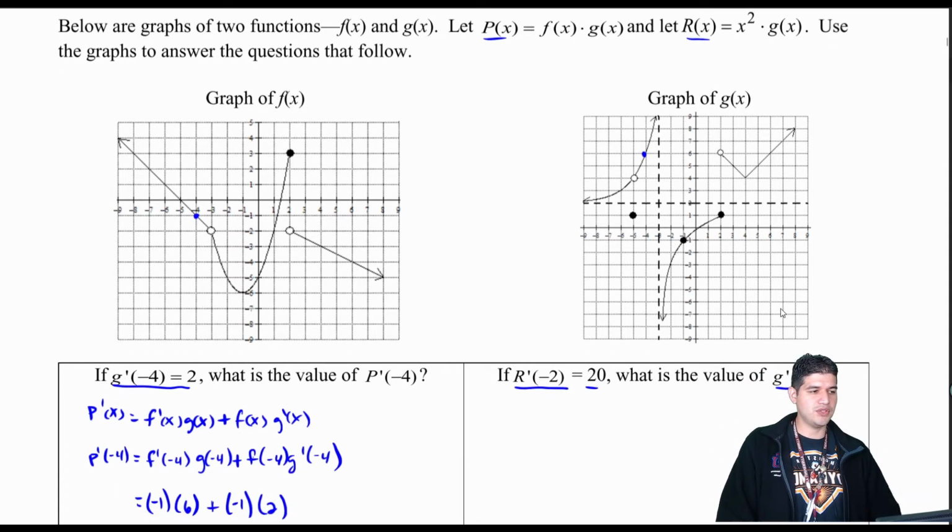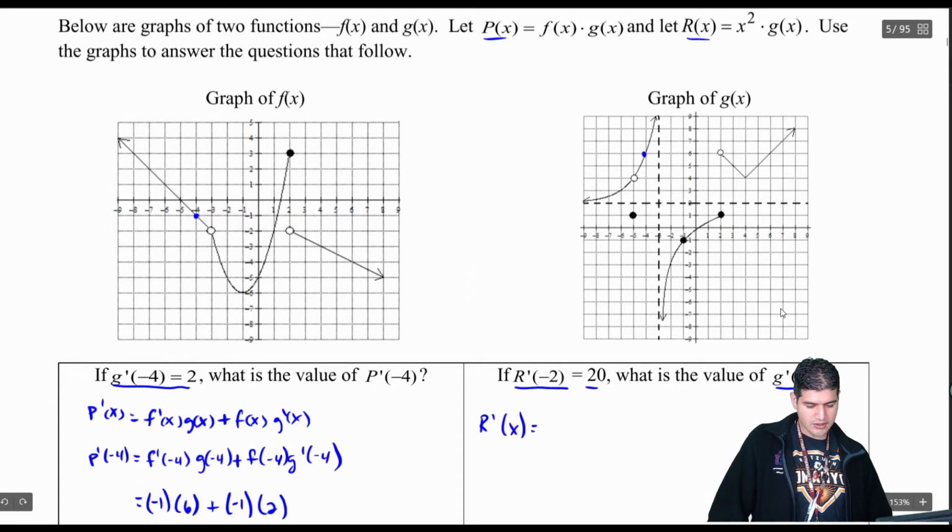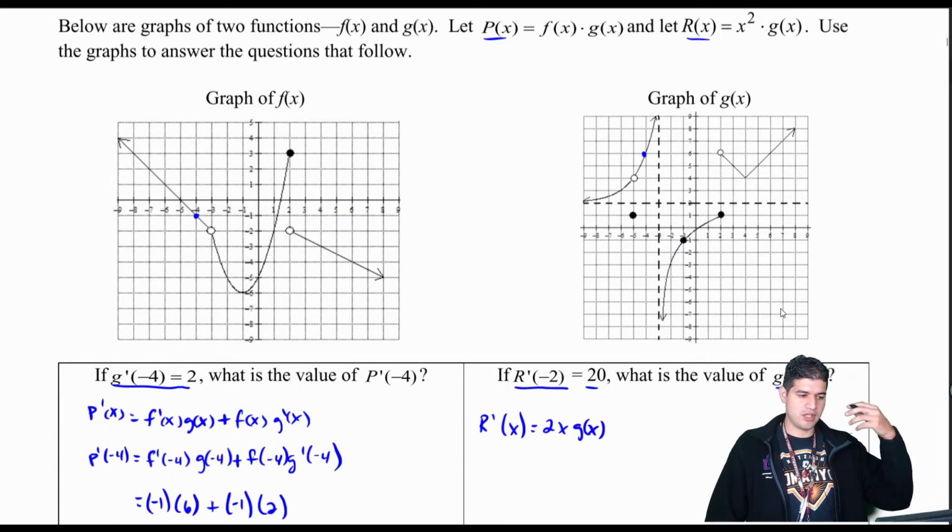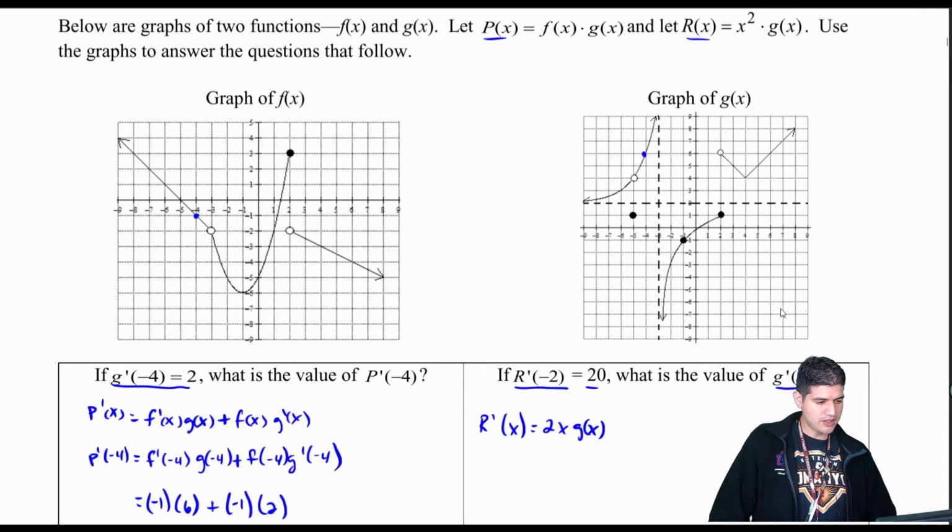We'll make some substitutions. So real quick, here is r prime of x, and that's going to be 2x times g of x because it's the derivative of the first, which is 2x times g of x, plus the first, so x squared, times the derivative of the second, so times g prime of x.